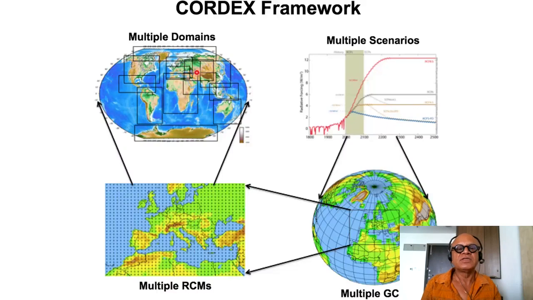For example, the coupled IPCC models, CMIP5 and CMIP6, are coupled models, so they include ocean response and ocean impact, whereas most of the CORDEX models, I think all of them, use the projected sea surface temperatures to force the regional atmosphere model. So that begins to lose some of the information.